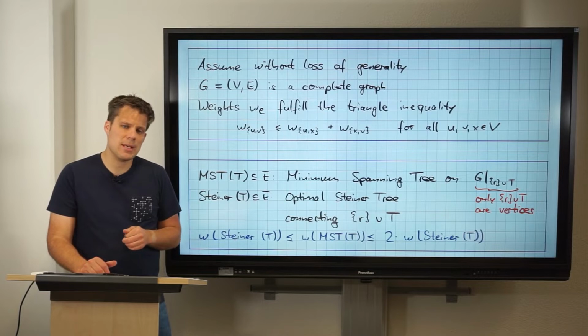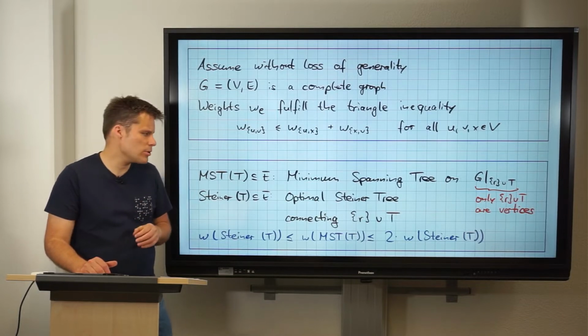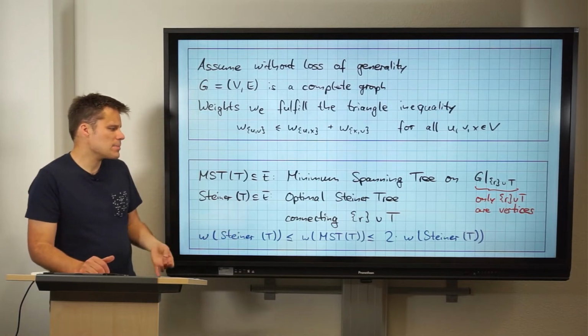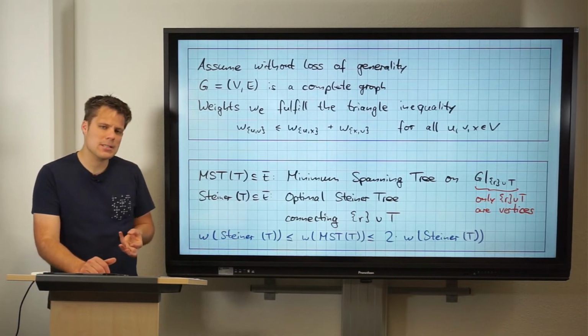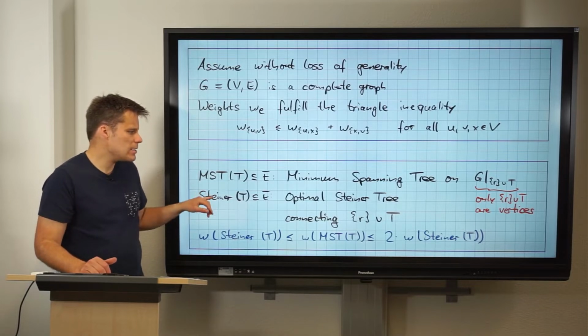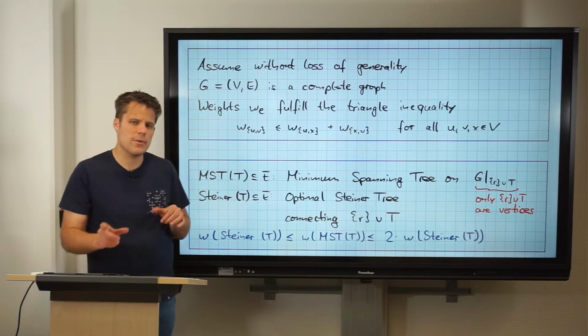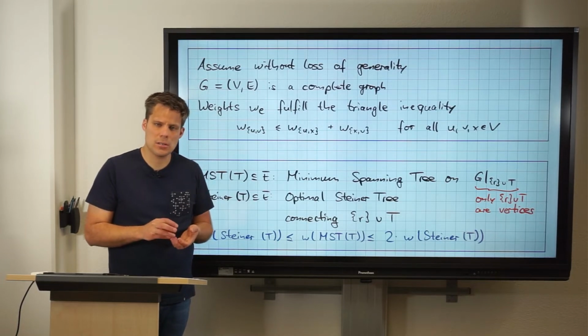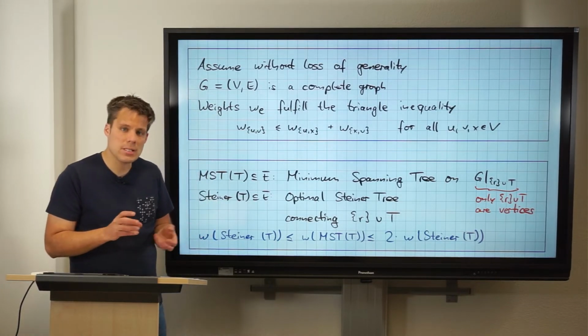This minimum spanning tree is a feasible choice for a Steiner tree, but it might be more expensive. Why can it be more expensive? Because a Steiner tree might also use vertices for the connection which are not terminals, the so-called Steiner vertices.